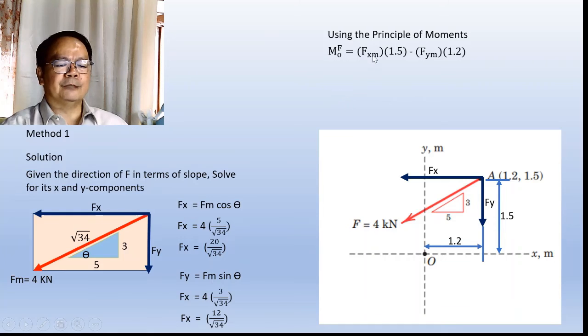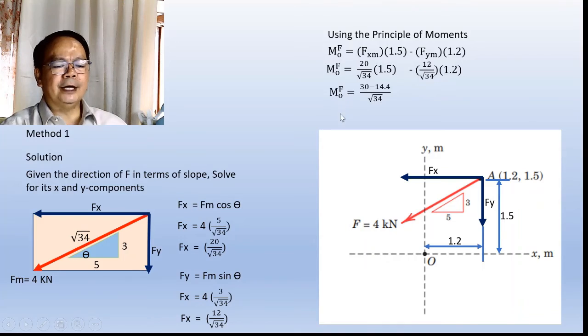Now, if we substitute the value of F sub x, which is this one, and the value of F sub y, which is this one, again, this is not x but y, the moment of F about O will be equal to 20 over the square root of 34 multiplied by 1.5 minus 12 over the square root of 34 multiplied by 1.2.